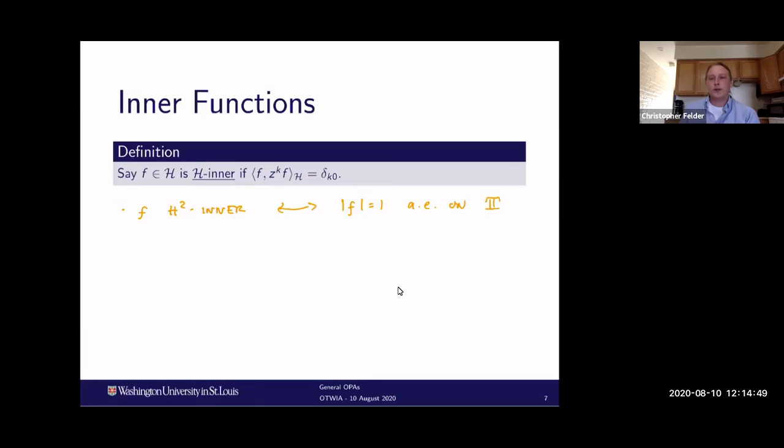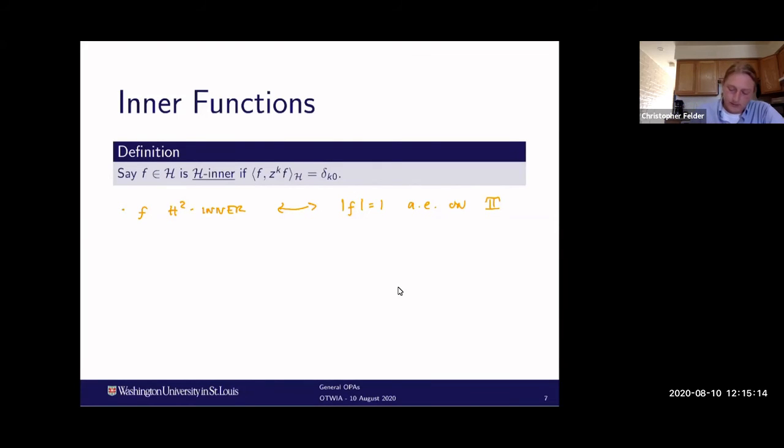And these two definitions are equivalent. This definition was first given in the Bergman space by Aleman, Richter, and Sundberg. And it generalizes really to any space H that we're considering here.